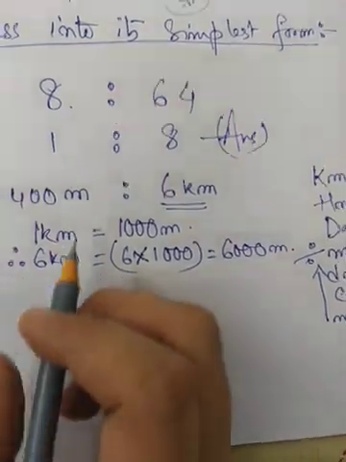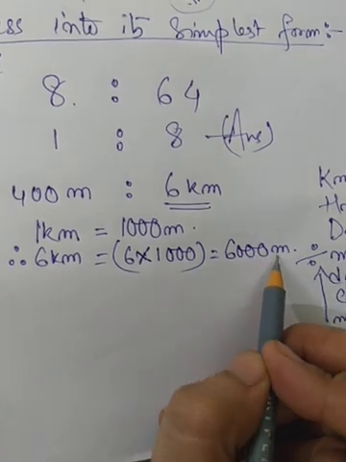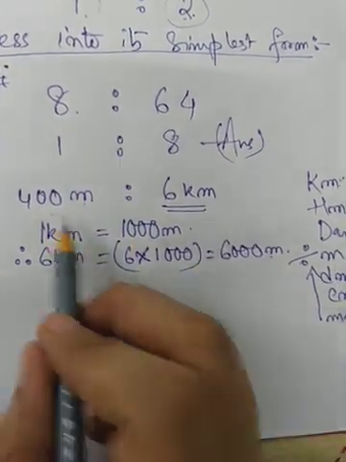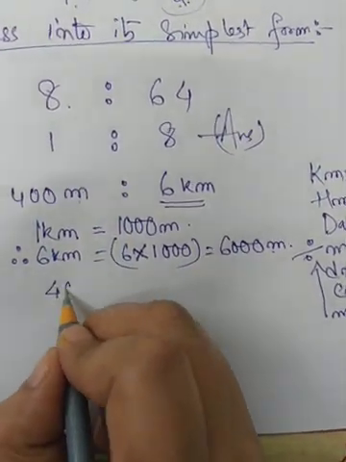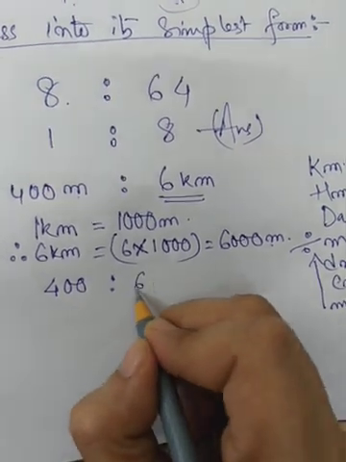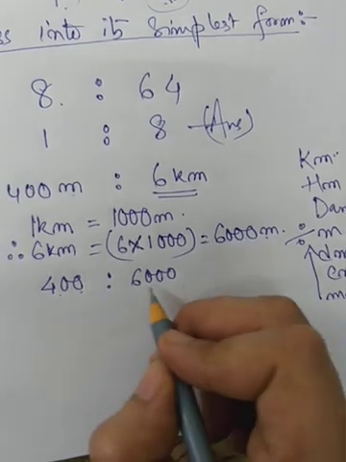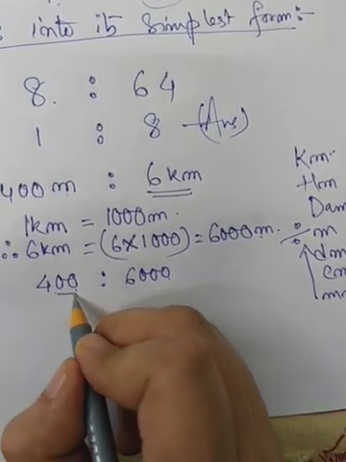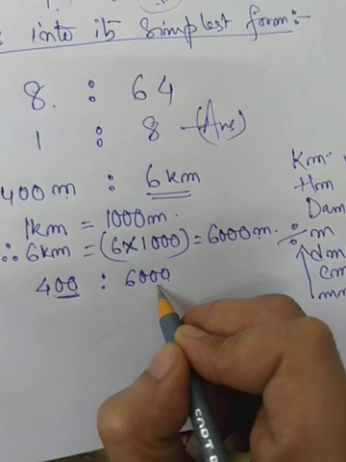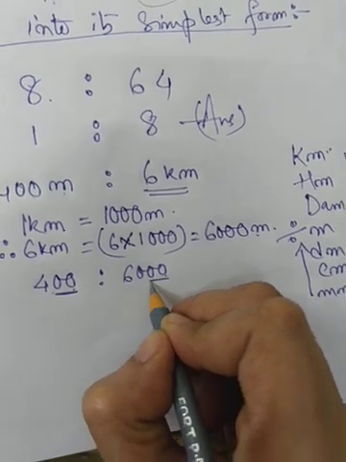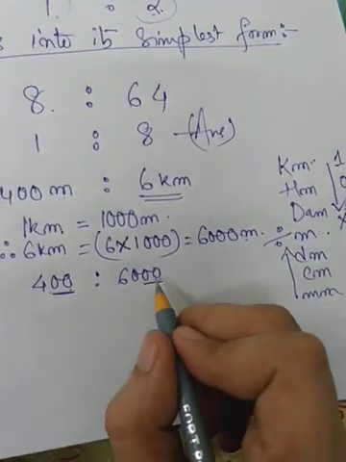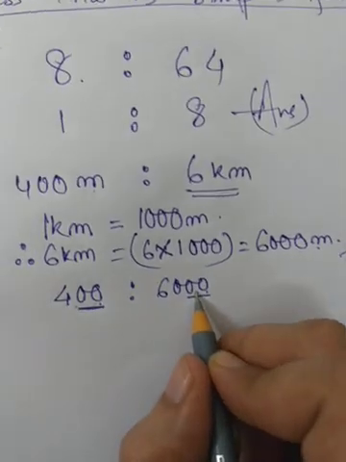Clear? Now that the units are the same, we can take out the ratio. It is 400 is to 6000. Here these 2 zeros and these 2 zeros are common, so we can divide both the terms by 100.